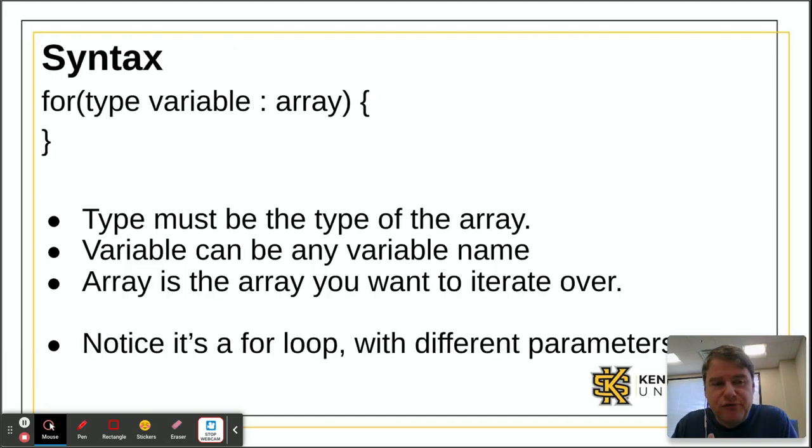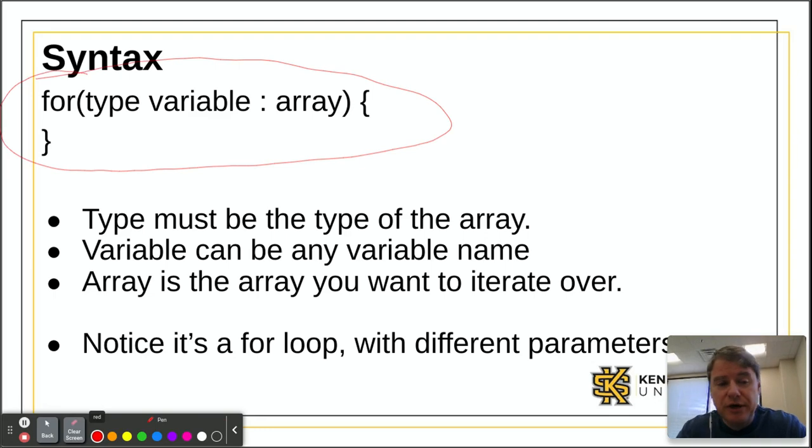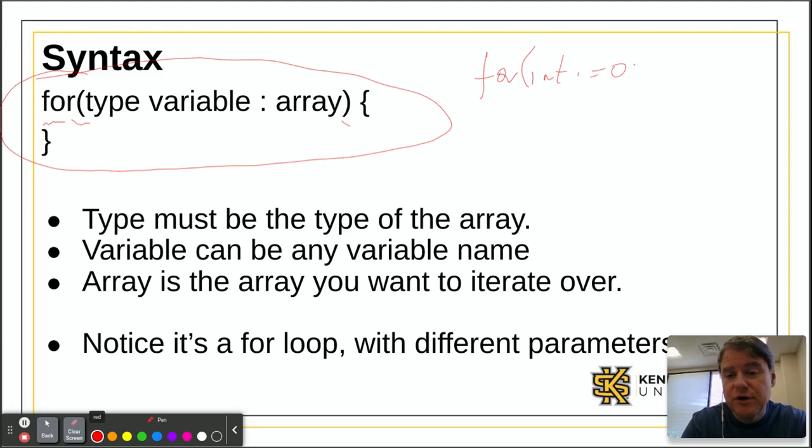So the syntax for a for each loop looks really similar to the syntax of a for loop. And as a matter of fact, that's probably one of the more confusing things about it. So this up here is the syntax for a for each loop. You'll notice it still starts with the word for. That hasn't changed. And there's still a set of parentheses like there was in a for loop. But in a for loop, you would have said something like for int i equals 0, i less than 3, i plus plus.